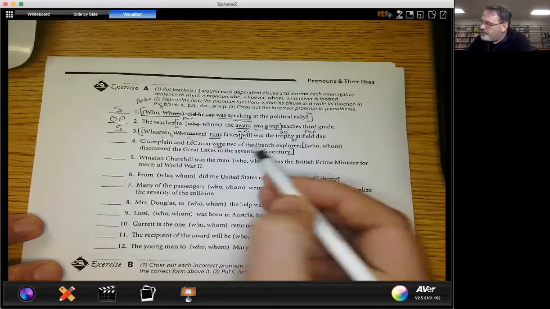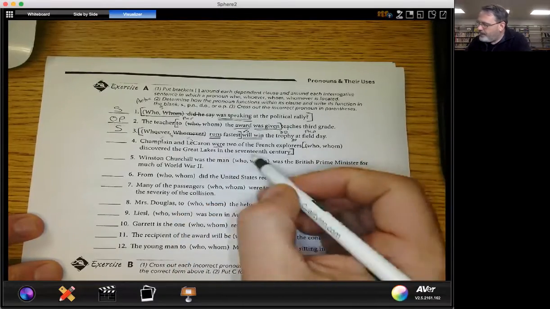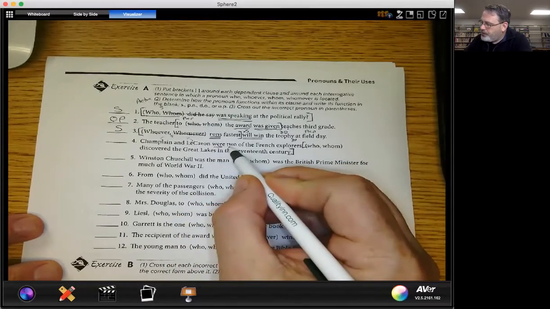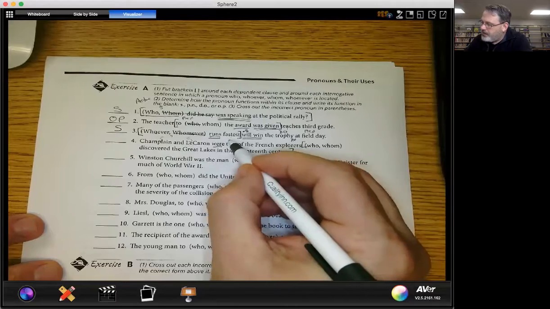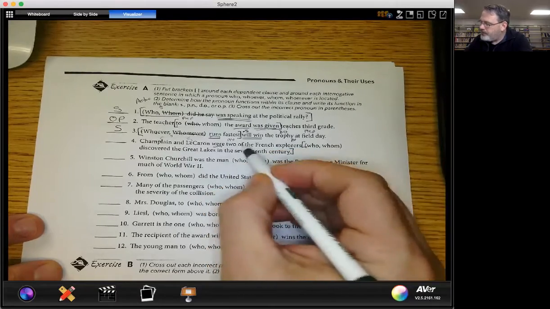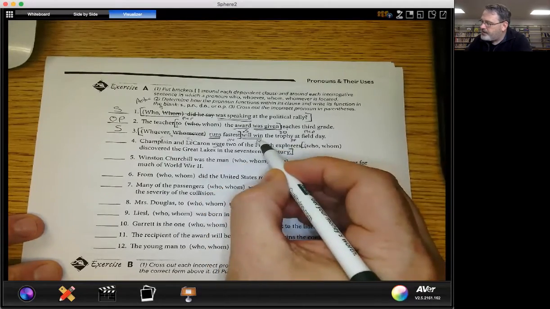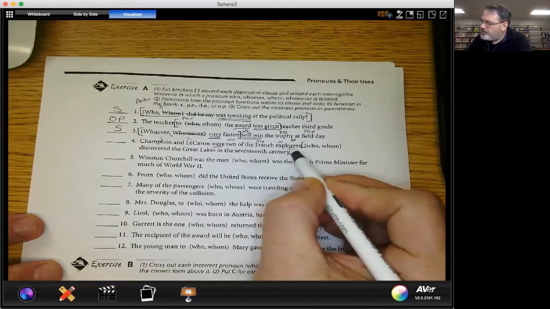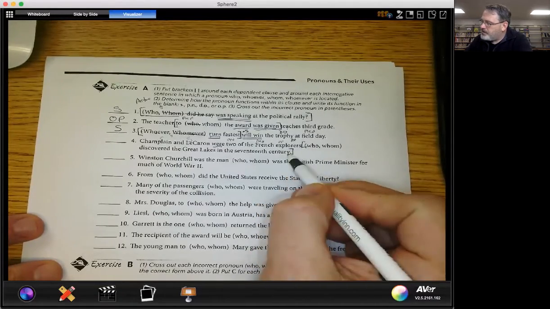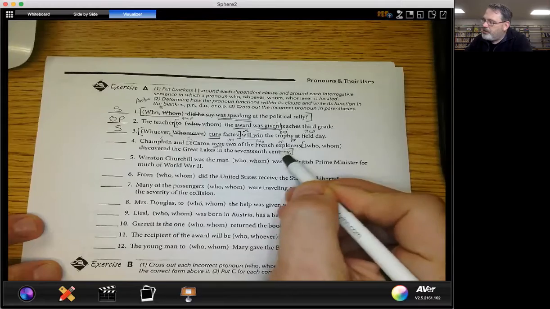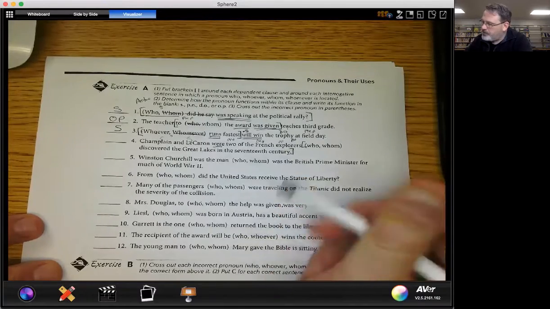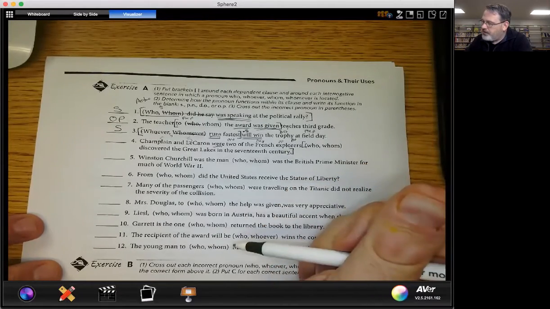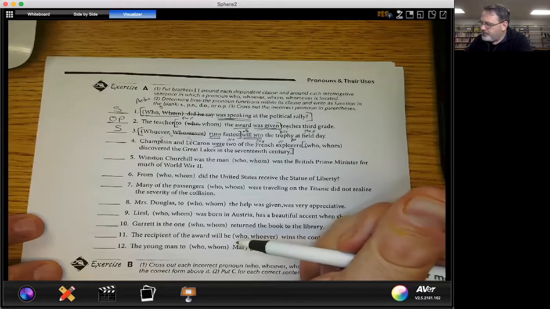Were is the verb, and then two is the predicate nominative. Of the French explorers is a prepositional phrase, and then this is the object of the preposition, explorers, and then this whole clause is an appositive explaining who the explorers are. Which explorers? The ones who discovered the Great Lakes in the 17th century.